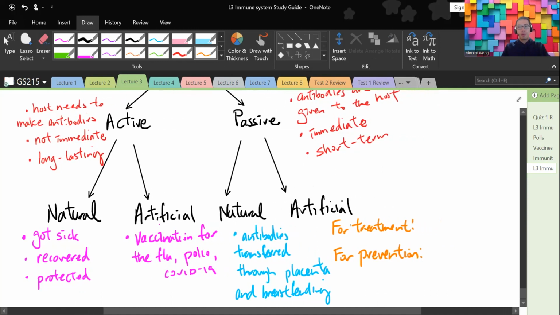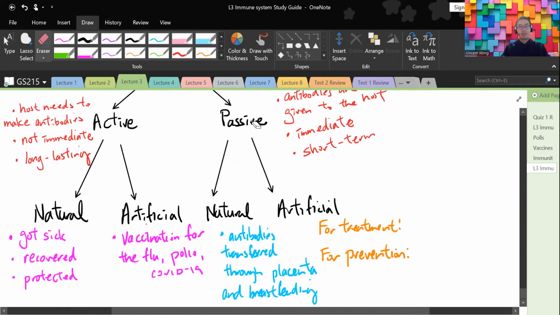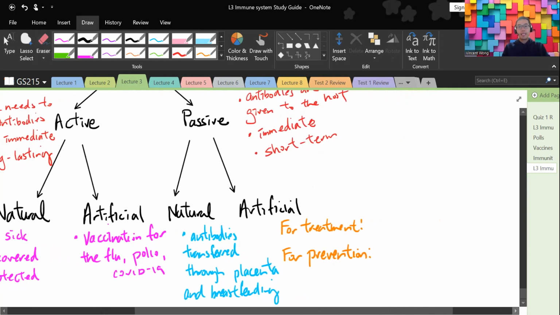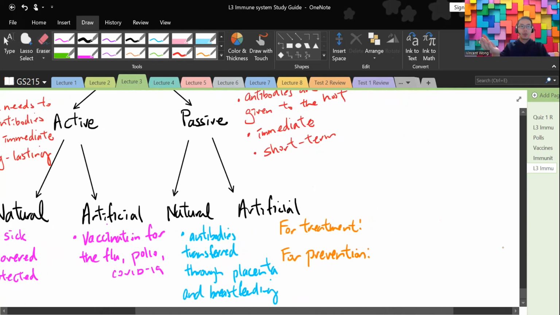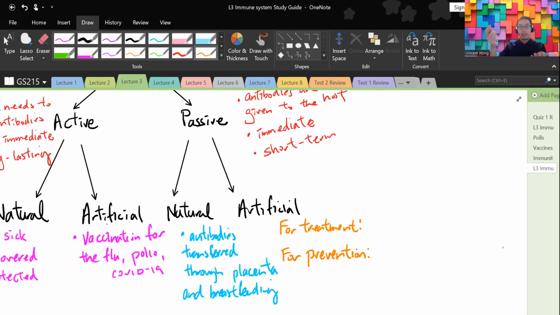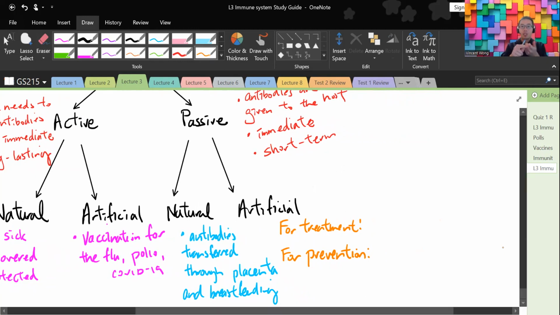Okay, so an example of artificial passive immunization for treatment would be, let's say, you working at the hospital, and you just give a shot to a person who has hepatitis, okay? And then you're supposed to discard the needle into the sharp container, but you accidentally poke yourself with it, right?